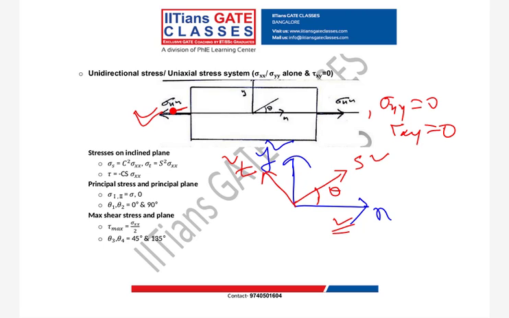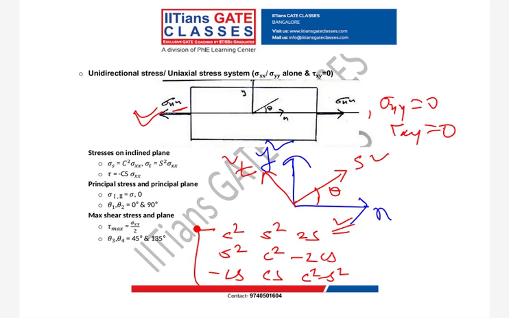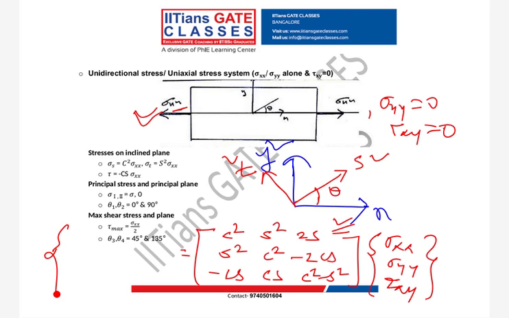Now write your matrix: C square, S square, 2CS; S square, C square, minus 2CS; minus CS, CS, C square minus S square, multiplied by sigma XX, sigma YY, and tau XY, and this is equal to sigma S, sigma T, and tau ST. Is it correct, guys? This is my stress transformation matrix.